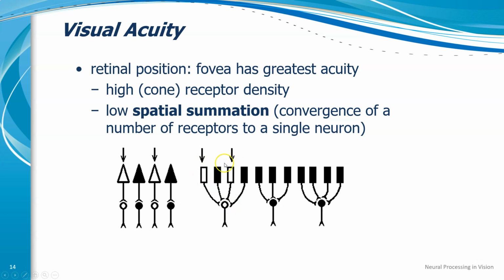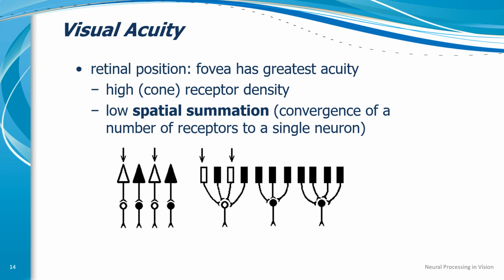So the result of showing 2 stimuli shining into the periphery is that we just have 1 neuron firing. We can't tell that there are 2 beams of light because of the convergence of the axons of those rods. So again, it's not just what's happening with the photoreceptors, but what's happening at the next level of processing even.